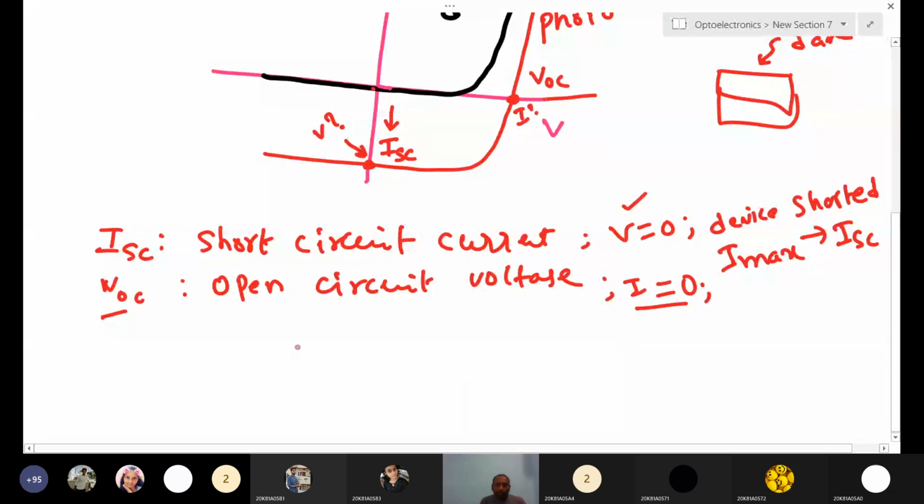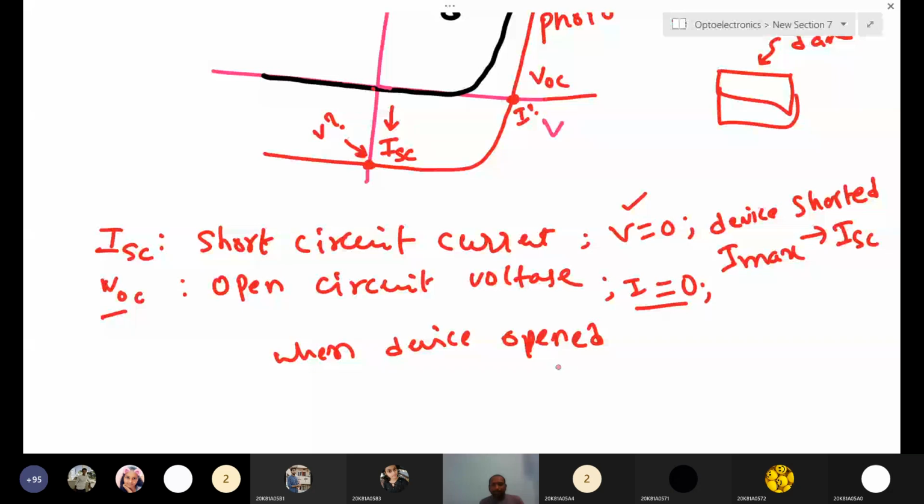Open means we are not switching on. There is an open connection and a closed connection, right? You know, a switch is there. Open means no connection. On means it's connected.